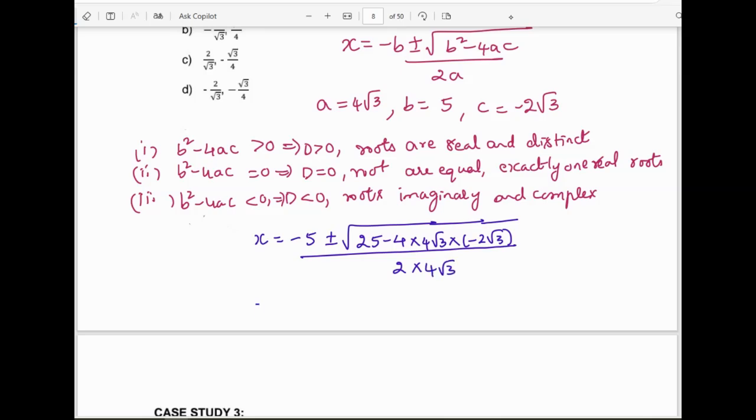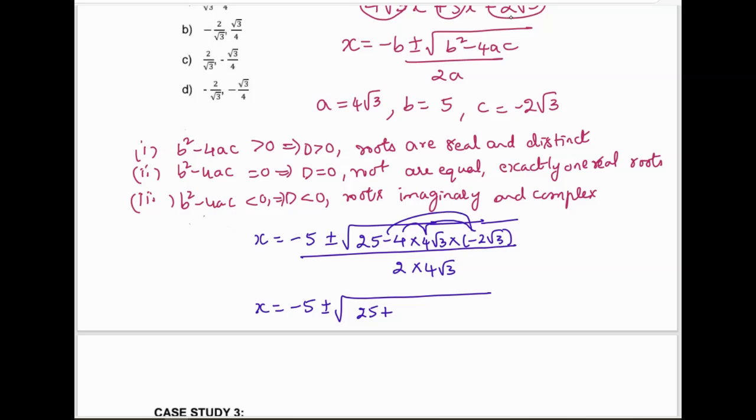So now x is equals to minus 5 plus or minus root of 25 minus into minus, this minus and this minus multiply, plus 4 fours are 16, 16 into 2 is 32, root 3 into root 3 is 3.